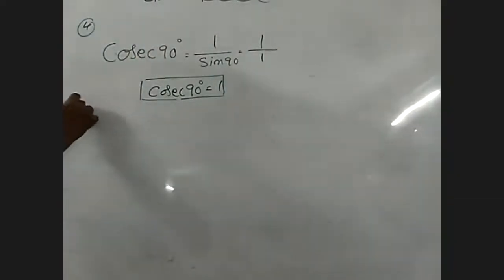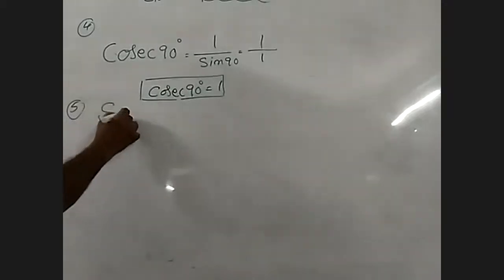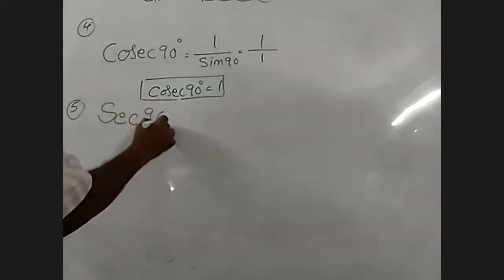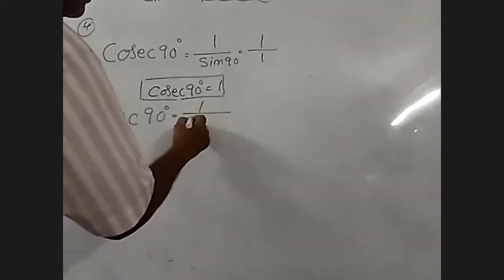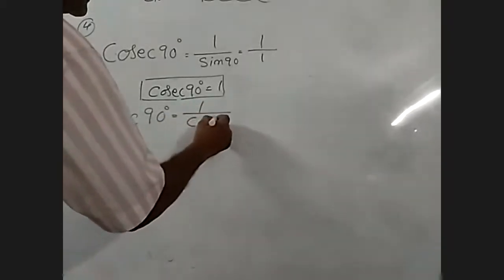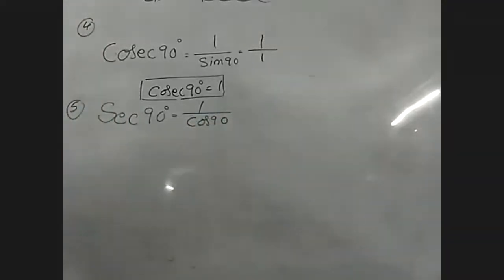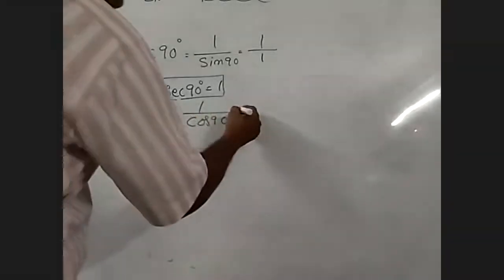Next, fifth one, secant 90 is equal to, use the reciprocal, 1 by cos 90. What is the value of cos 90?